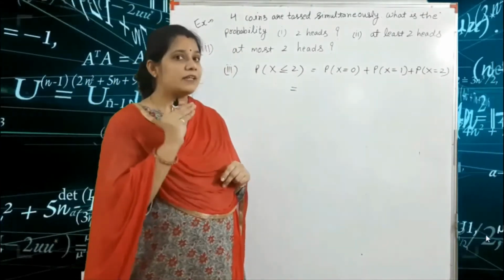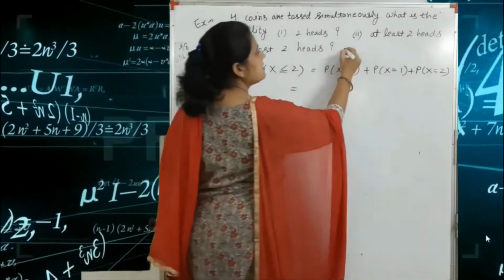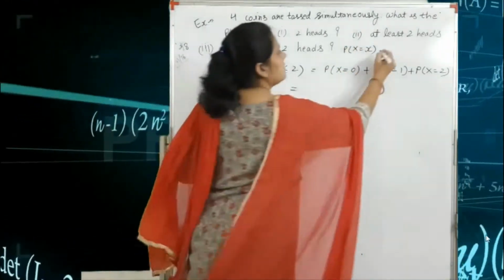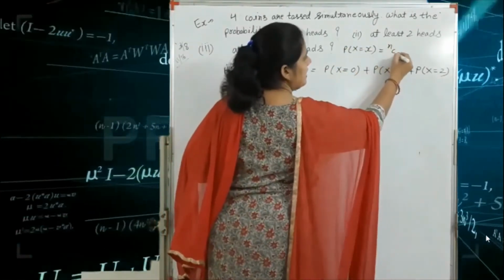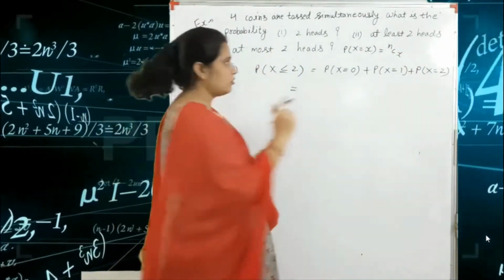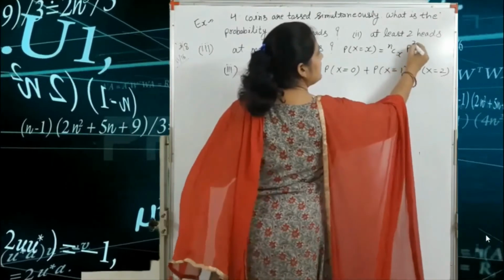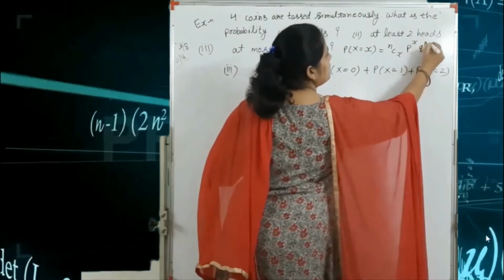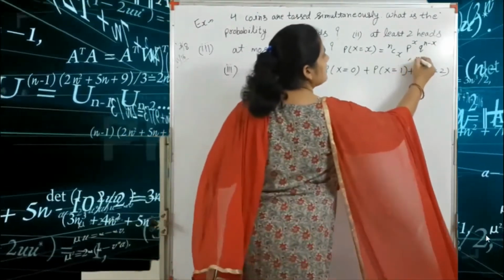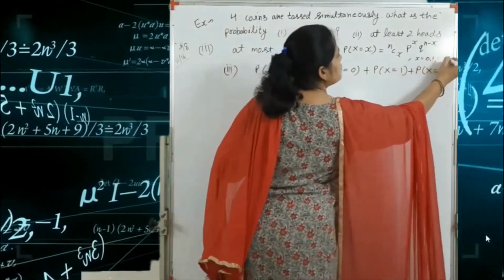And what is the binomial distribution? Our binomial distribution is P(X = x) = nCx, where small n is the number of trials, p raised to the power x and q raised to the power n minus x, and here x is equal to 0, 1 up to n.